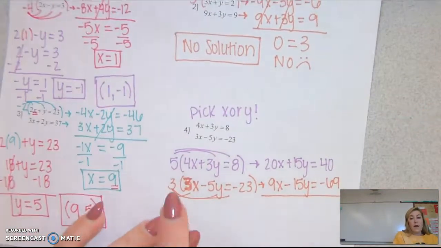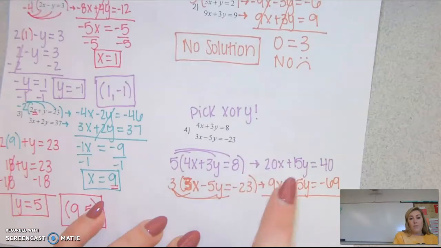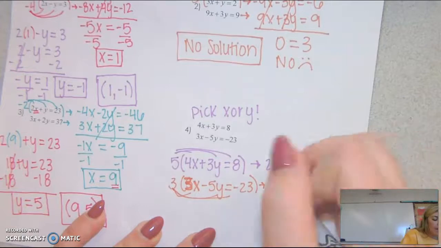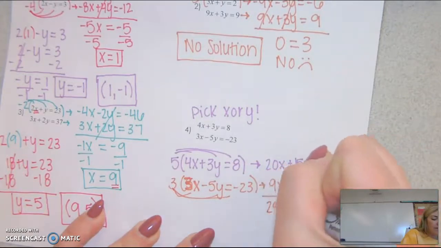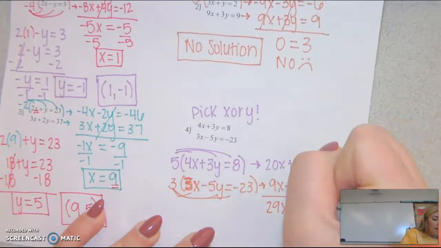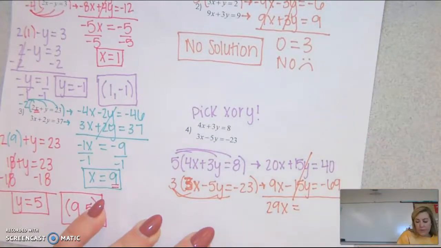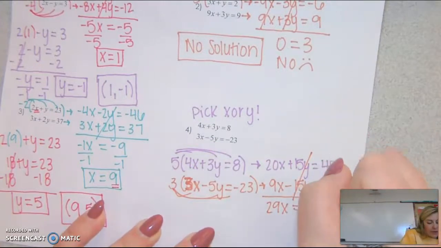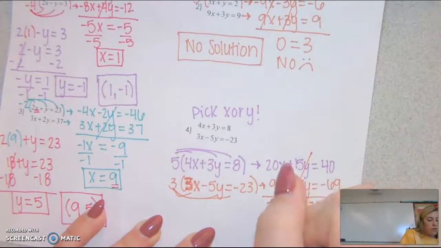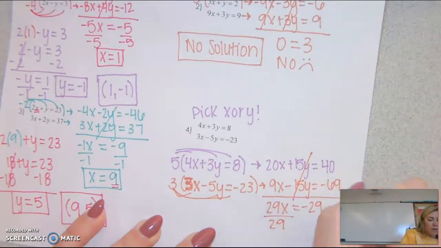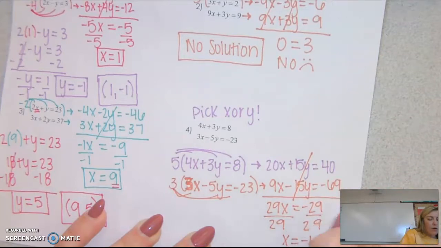So now we're going to combine our like terms going down. So 20x plus 9x is 29x. My y's cancel. 40 minus 69 is negative 29. Divide both sides by 29, and x equals negative 1.